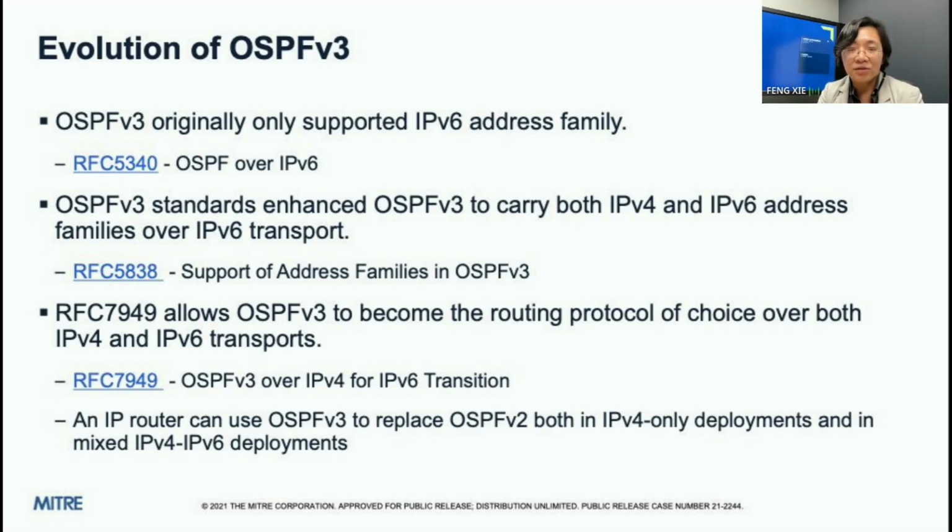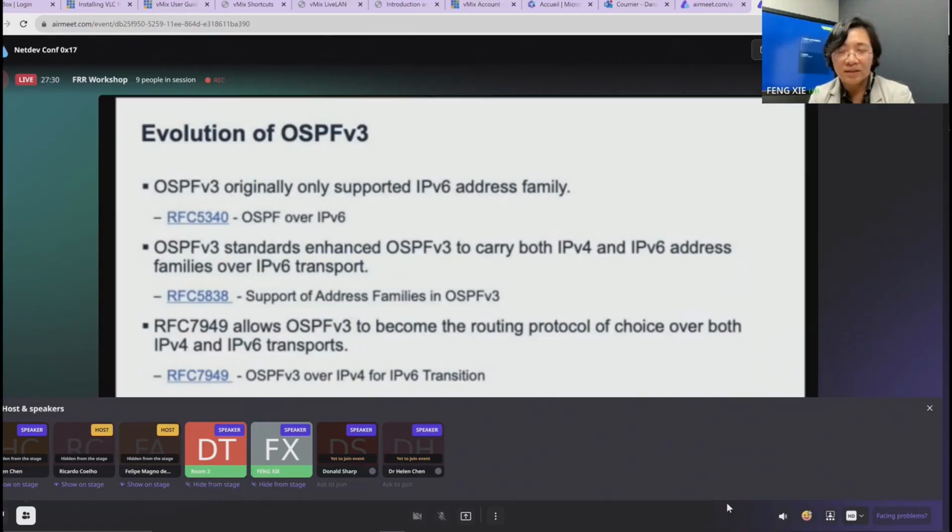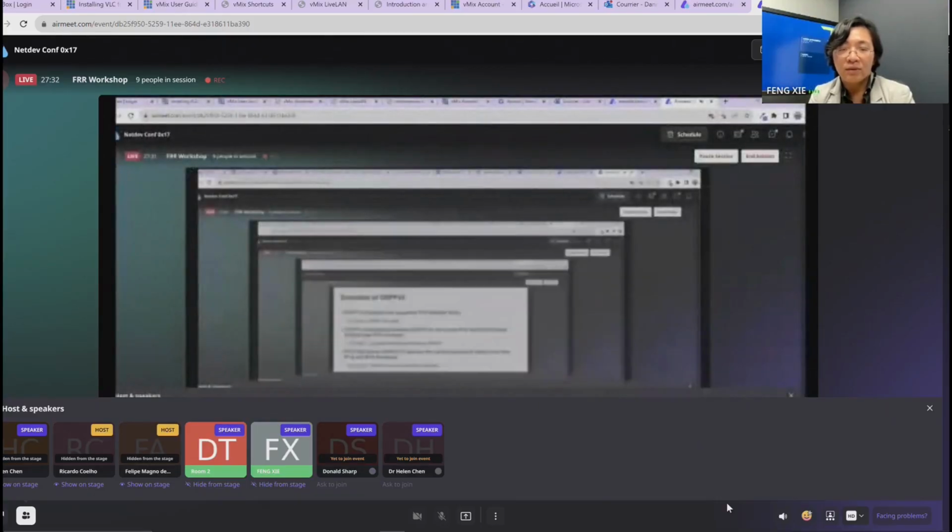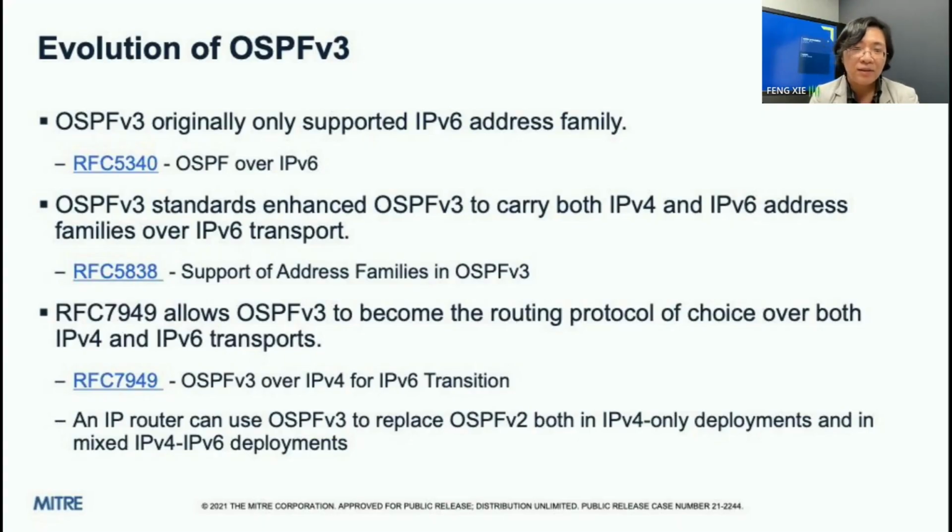They were originally designed such that OSPF v2 only runs on IPv4 and OSPF v3 only runs on IPv6. And so that means that unlike other popular protocols like BGP or ISIS, you have to have two daemons running if you wanted to support IPv4 and IPv6.